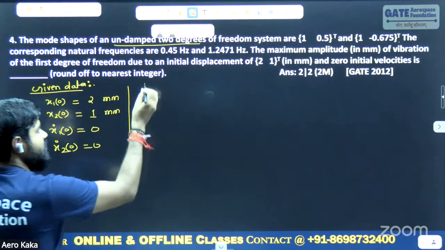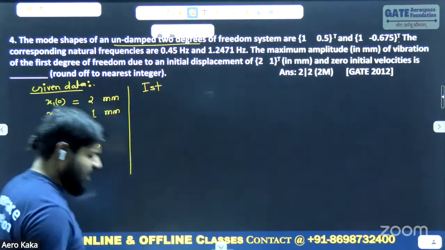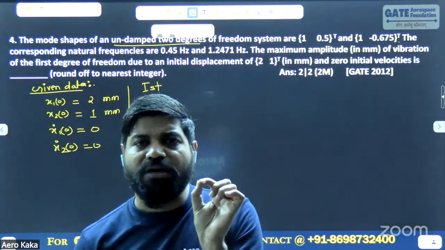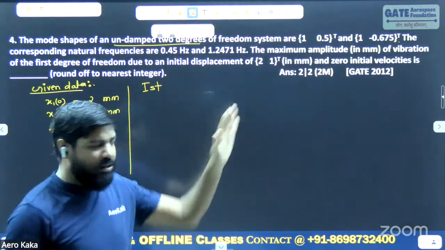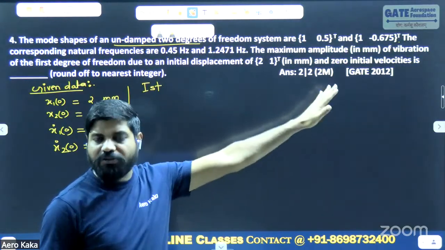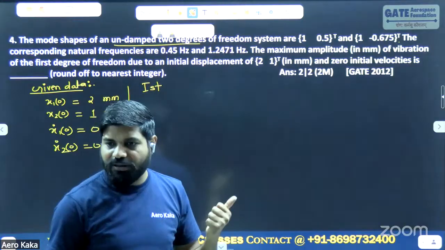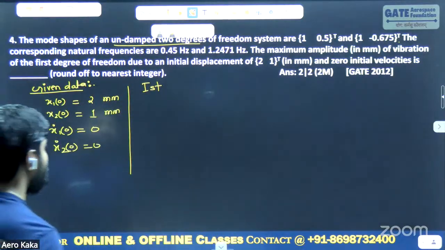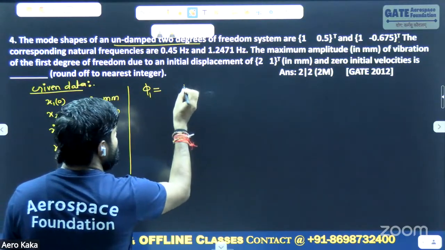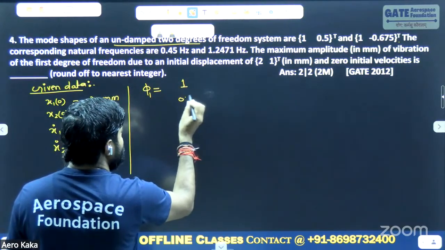First step in these kinds of questions, I think 4 to 5 questions they have asked: just find out the mode shape ratio and the initial displacement ratio. Is that clear? So in this case, what is given? Phi1 here is given as 1, 0.5.